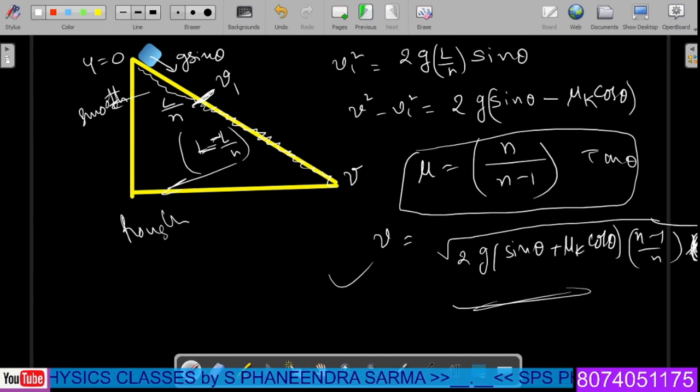By using all these cases, one can determine the concept of inclined plane motion.